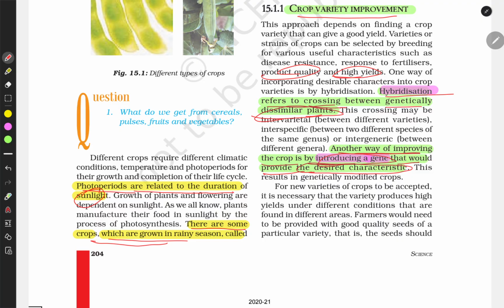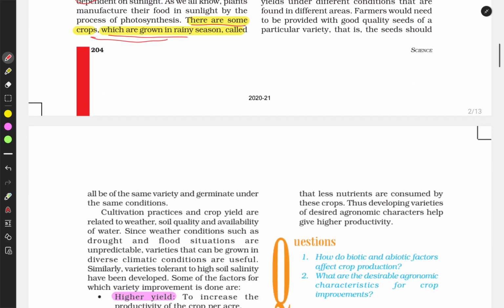Some genes provide drought resistance, so the plant doesn't die in drought or needs less water. These changes can be made by introducing a new gene, so that the crops can survive in a harsh climate.